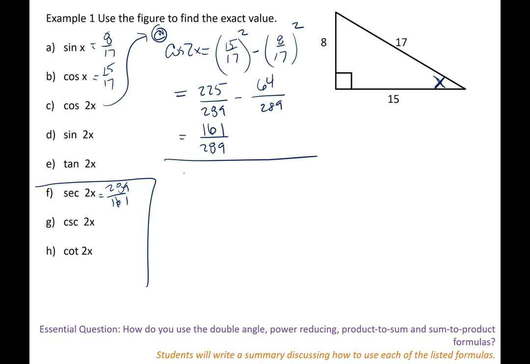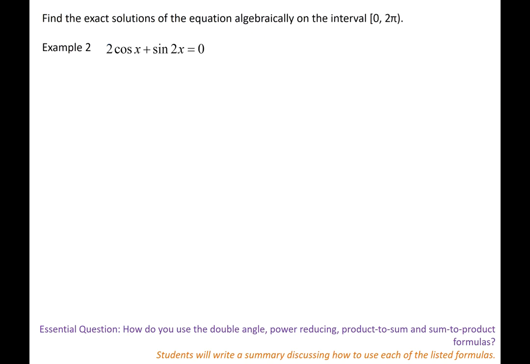All right, I'm going to do D now. D says it wants the sine of 2x. So look again at your formula sheet. What's the formula say? 2 sine times cosine. All right, so what is the sine of the triangle that we wrote down? Good, and what's the cosine of the triangle? 15 over 17.